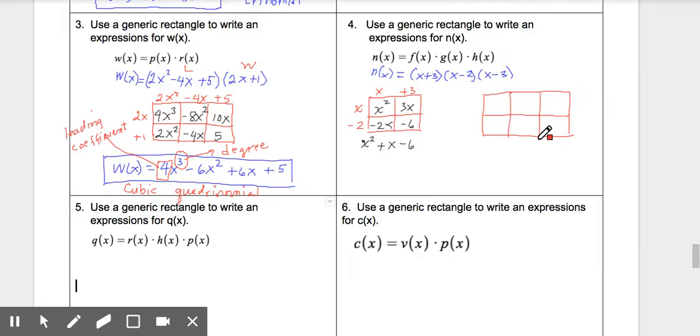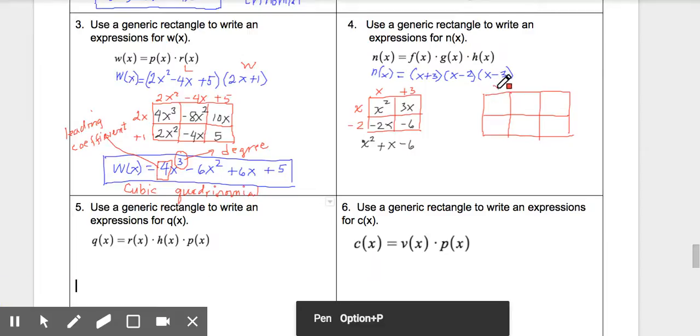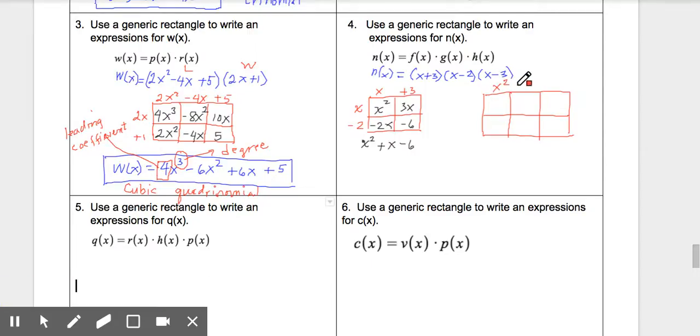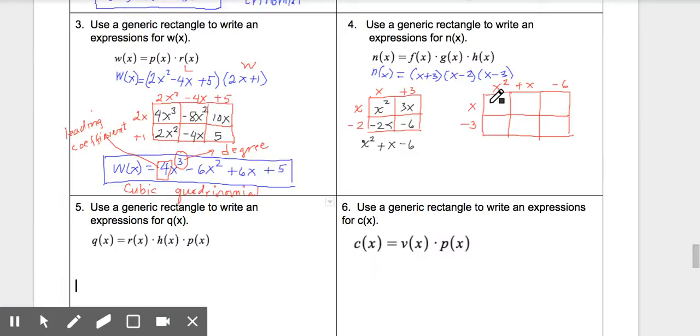We will have 3 partitions for the length because this product is a trinomial. So we're going to put here x squared plus x minus 6. And the width is the last binomial, x minus 3. Okay, and then now we will multiply. X times x squared is x cubed.